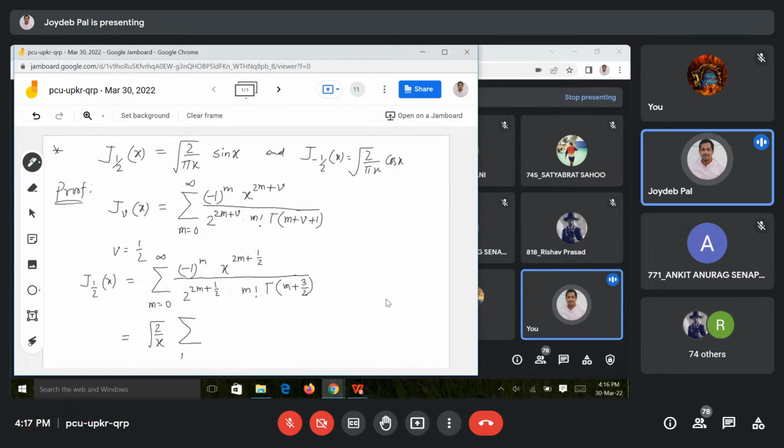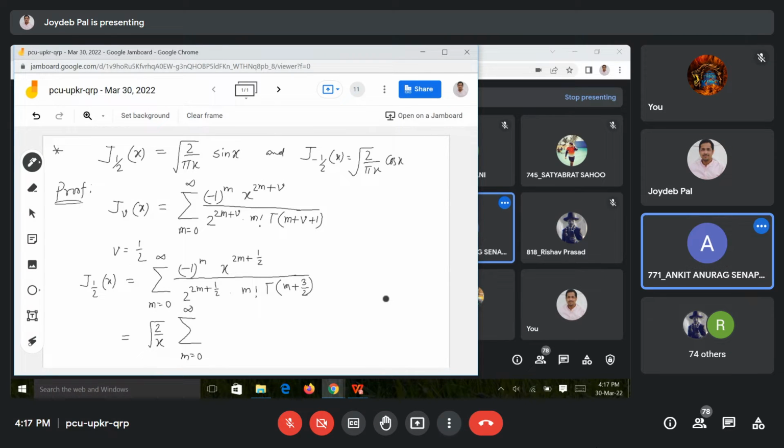So it will be what? Look, I have taken an extra x to the power half in the denominator, so I have to multiply x to the power half in the numerator.